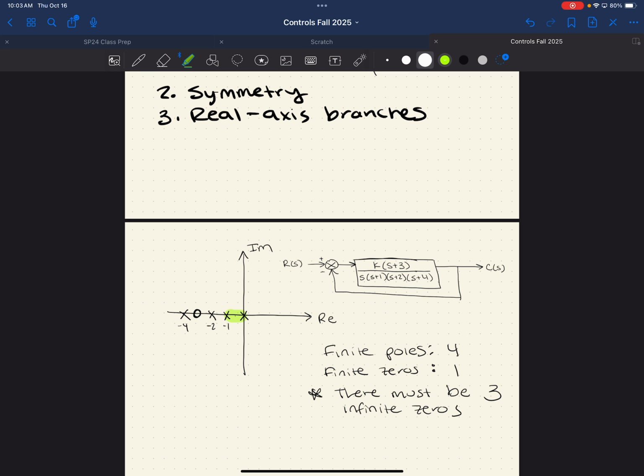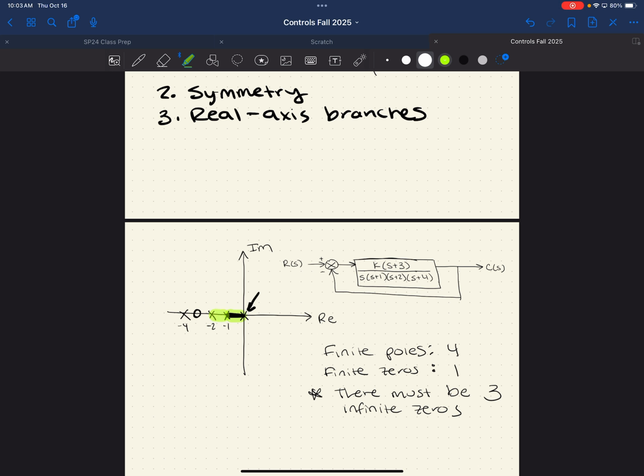Is this section to the left of an odd number of symbols? Can you define what you mean by odd number of symbols? Yes. This is a pole. That's one symbol. Agreed. That's an odd number. So I put a branch here.